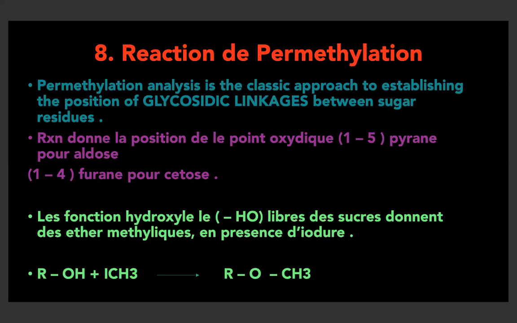So the reaction takes place in the presence of methyl iodide, which is also known as iodine of methyl. At the end of the reaction, you are going to have the production of ethers.